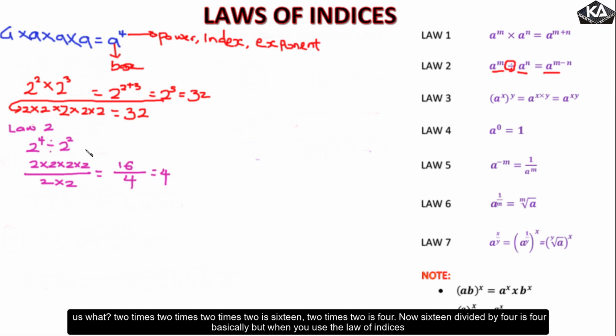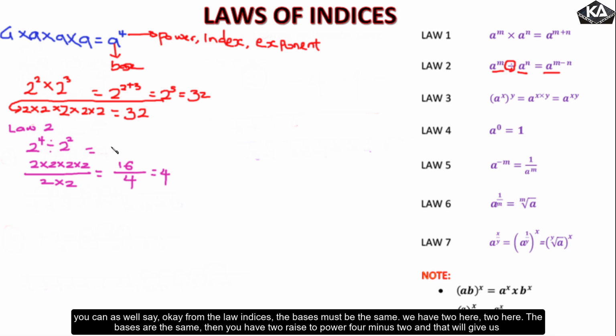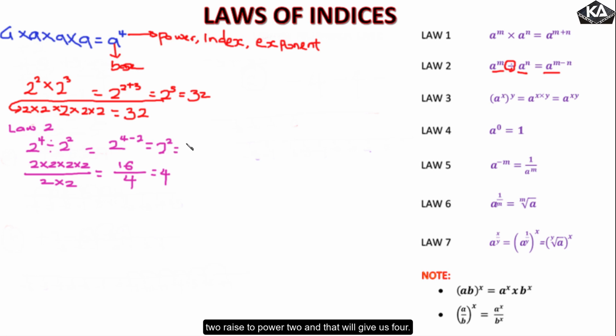But when you use the law of indices, the bases must be the same. We have 2 here, 2 here, the bases are the same. Then you have 2 raised to power 4 minus 2, and that will give us 2 raised to power 2, which gives us 4.